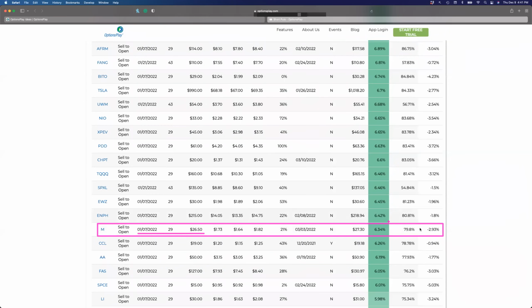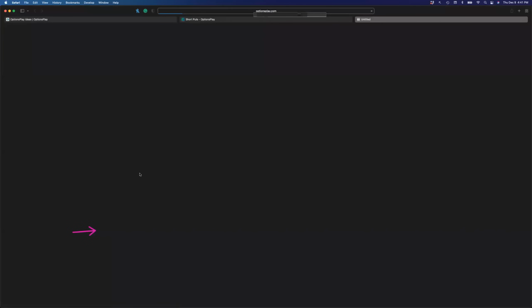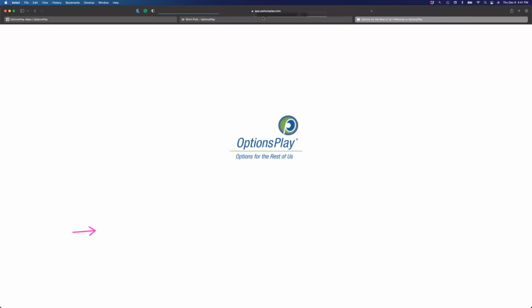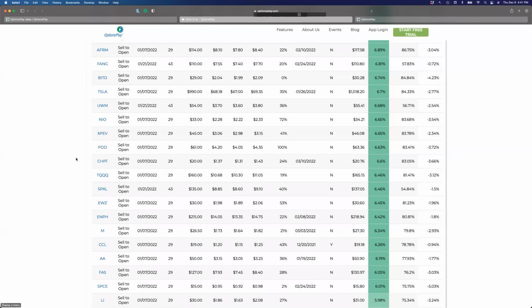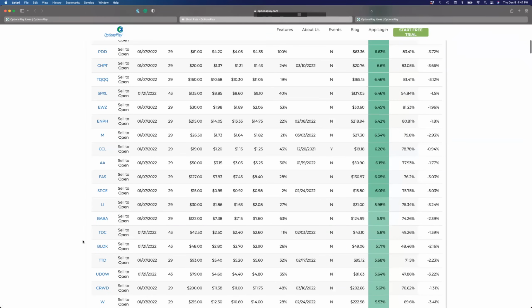And you have all of the metrics that you want to look for in this particular trade. And you can simply click on the symbol on the left-hand side to populate this trade within OptionsPlay. So I always tell people, if you're using this page, simply take a scroll down the list when you're ready to buy some stocks, when you're ready to purchase some stocks.